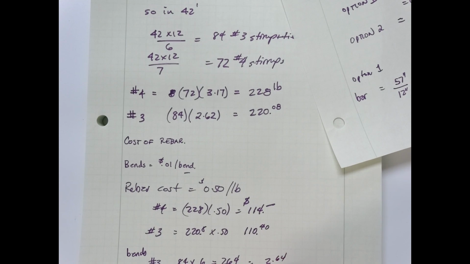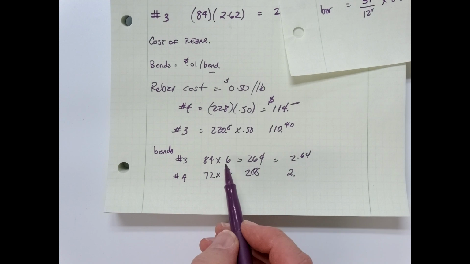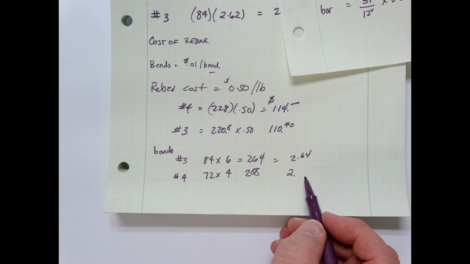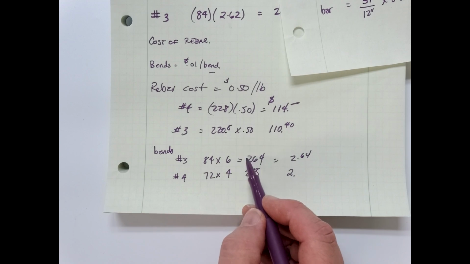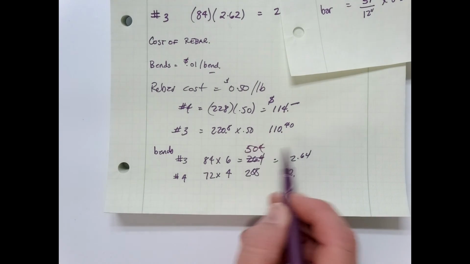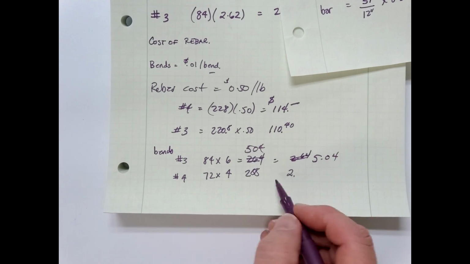Can't be. Right, 84 times 6. $84 times 6 is 504. It's $5.04.